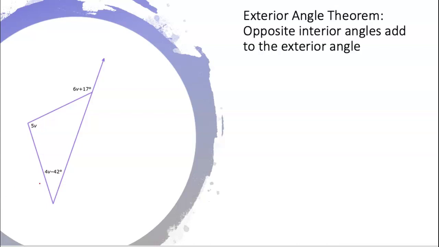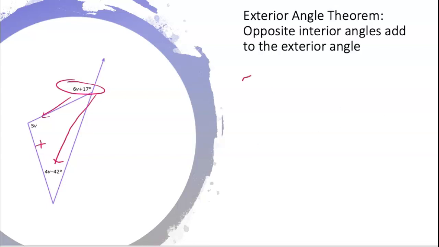Where's my tail? I'm looking for my outside. Here's the outside out here, 6v plus 17. Here's my two opposites. See, it's opposite all the way over here. I need to add those up to equal.